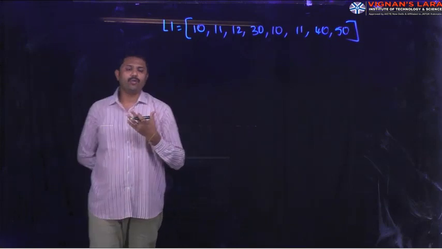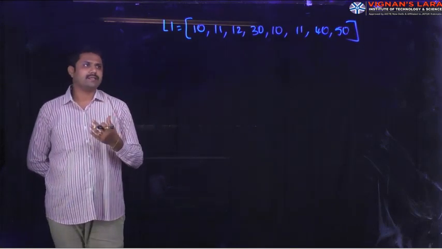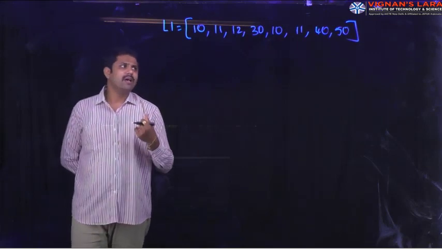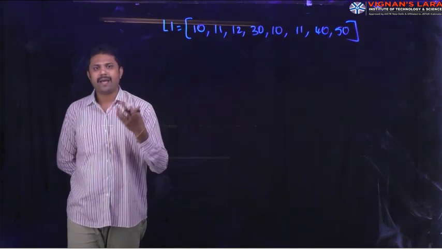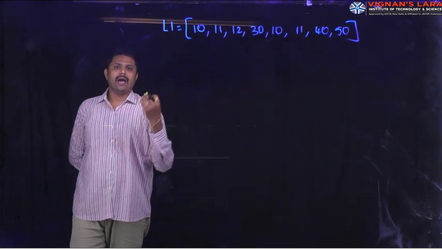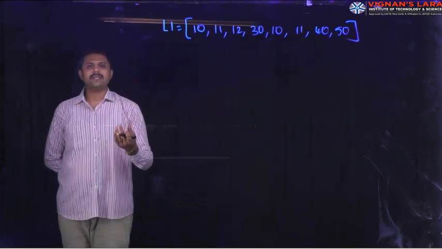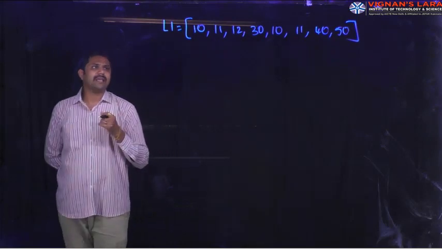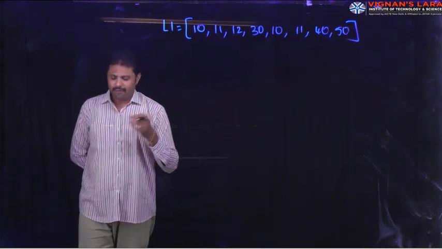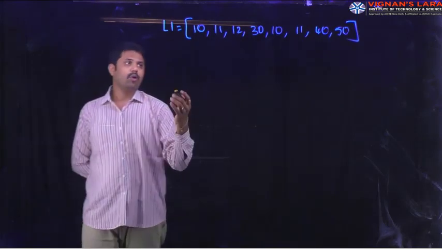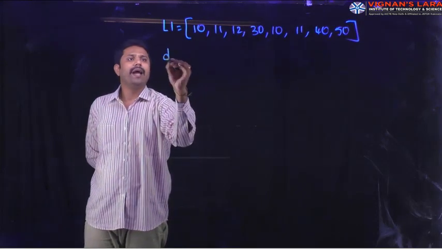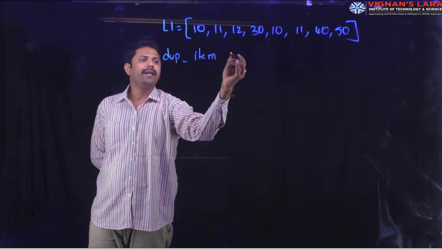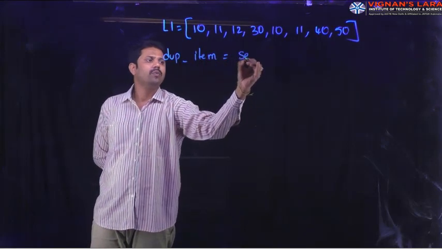I want to remove the duplicate items. How are we going to write the program for this? We have many ways to write the program for that. So I'm going to explain one procedure. You can practice another procedure for that. Let us see. I'm going to define a function. So I'm going to create duplicate items, which equals set.